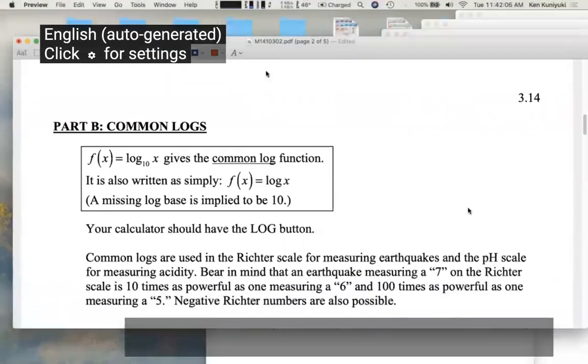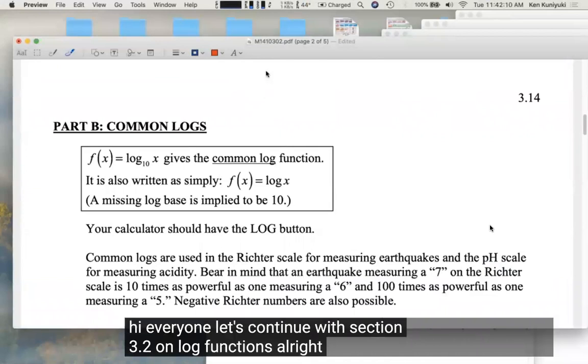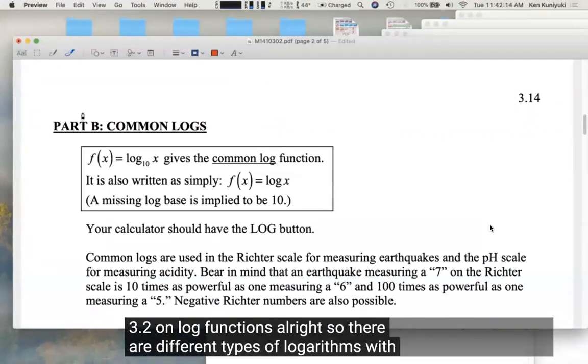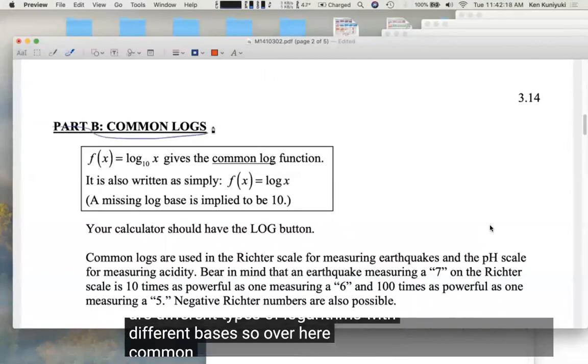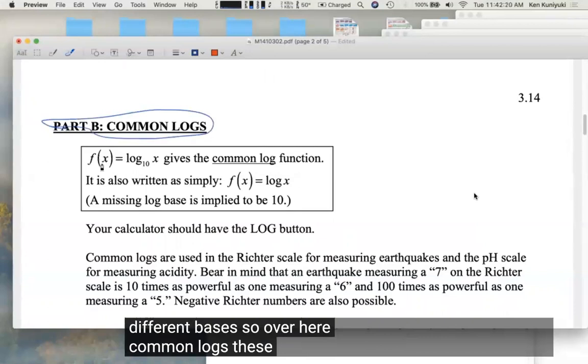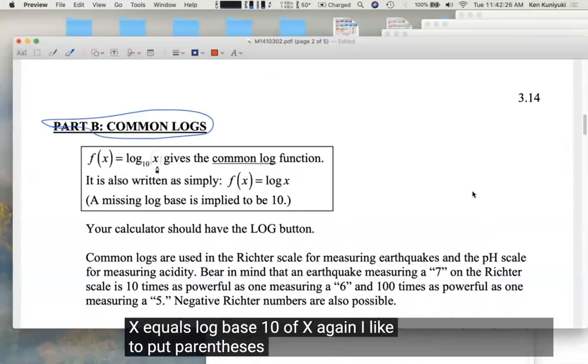Hi, everyone. Let's continue with section 3.2 on log functions. There are different types of logarithms with different bases. Common logs have log base 10. f of x equals log base 10 of x. Again, I like to put parentheses here.